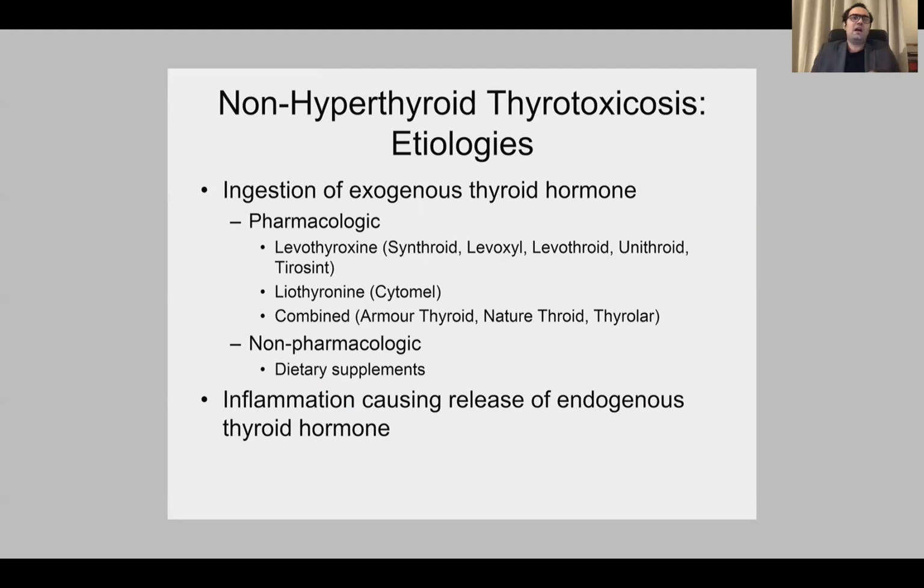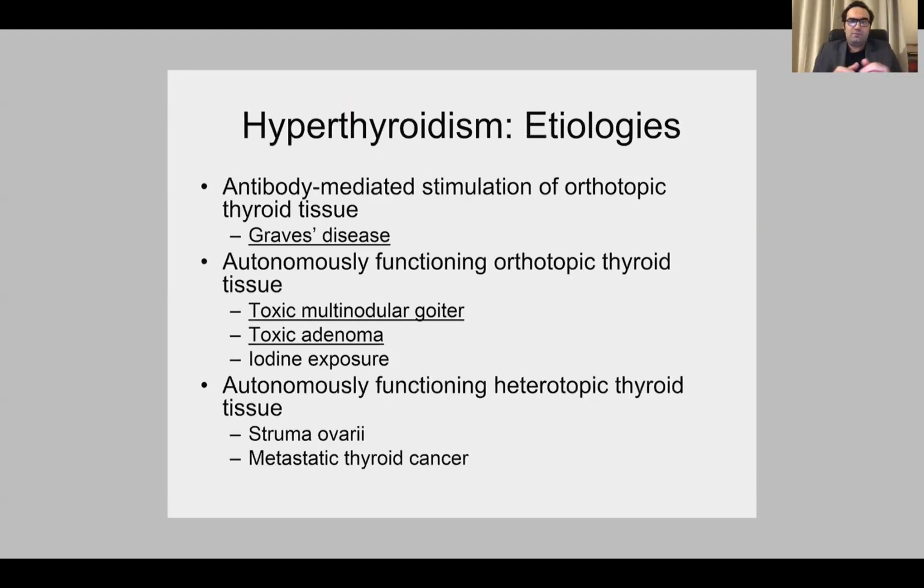We cannot call it hyperthyroidism because the thyroid gland is not synthesizing the hormone; the patient is just taking it exogenously. It's important, and we will talk about why it is important to know the difference. And then it can also be due to inflammation with the release of endogenous thyroid hormone.